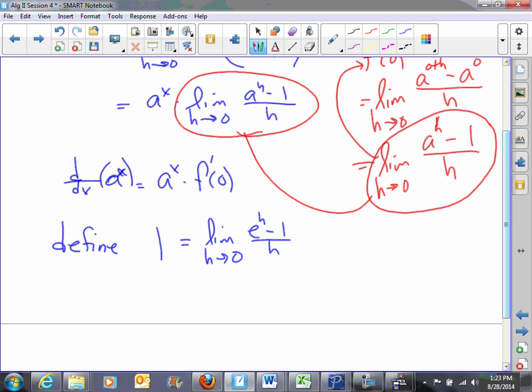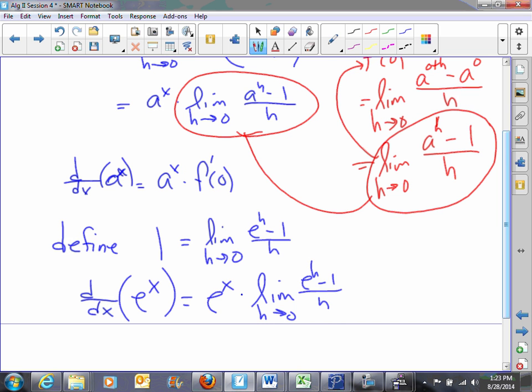All right. So in other words, if we go back up here and we say the derivative with respect to x of e to the x, it's going to be e to the x times the limit as h approaches 0 of e to the h minus 1 over h, but we're defining e to be the base for the exponential function where this limit is actually 1, so we end up getting 1 times e to the x, or e to the x.